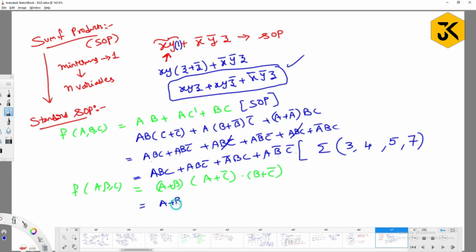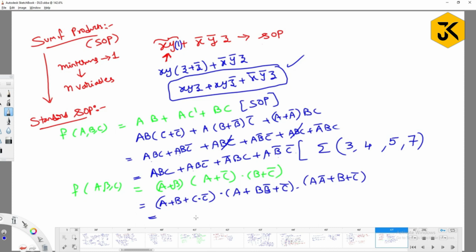A plus b plus c into c bar is what? 0 only. A plus b into b bar, plus c bar, a into a bar plus b into c bar. Try to solve this one according to the distributive law.